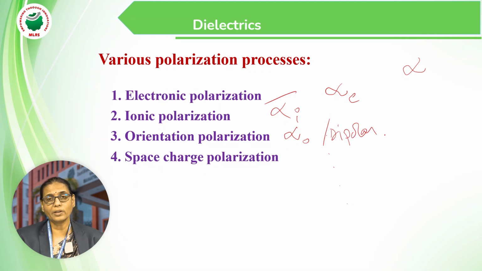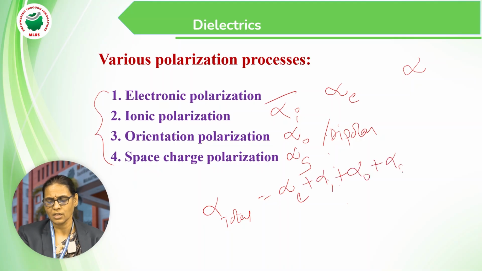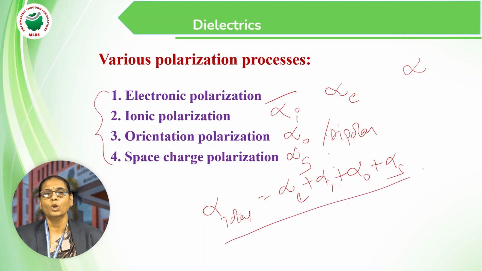Last is space charge polarization, which we represent by alpha S. For an atom, when you apply an electric field, 4 different types of polarization take place. So, the total polarization is given by alpha E plus alpha I plus alpha naught plus alpha S. This is the total polarization which occurs in a dielectric material.